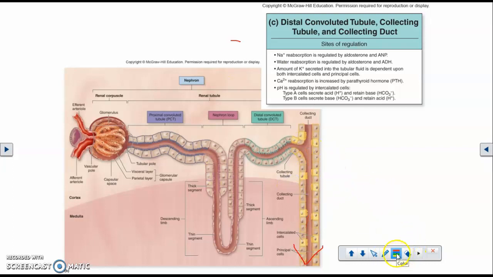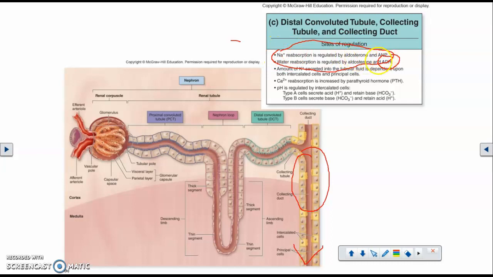Another important thing is ADH, which we haven't talked about yet. ADH, antidiuretic hormone, takes effect primarily in the collecting duct. Aldosterone makes you reabsorb water indirectly, by sodium reabsorption.